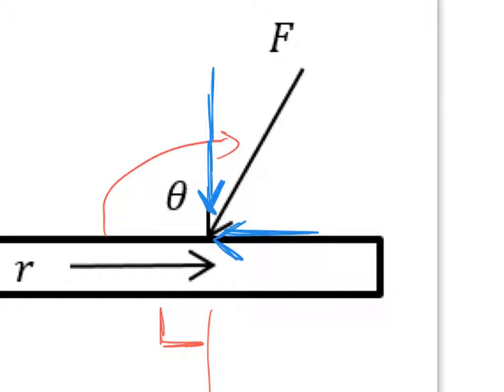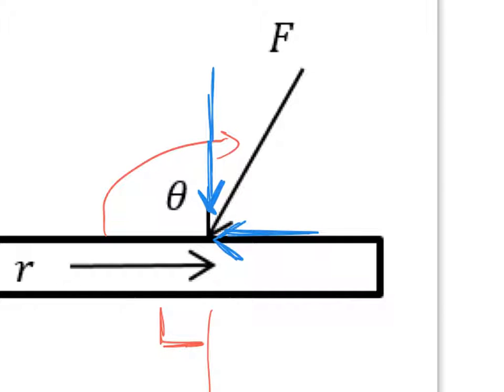Think back to vectors. When you want to go southwest, you go west and then south, or south and then west. So this force that's applied at an angle is pushed down and to the left. The two blue vectors I just drew were down and to the left.